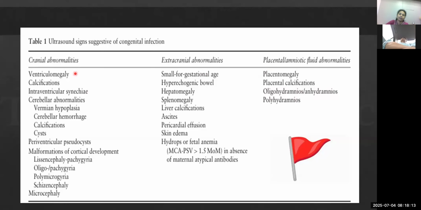The cranial abnormalities can include ventriculomegaly, calcifications, cerebellar abnormalities, and malformations of cortical development. Extracranial abnormalities include small for gestational age, hyperechogenic bowel, hepatosplenomegaly, liver calcifications, ascites, pericardial effusion, or signs of fetal anemia. The environment includes changes in amniotic fluid and changes in the placenta.